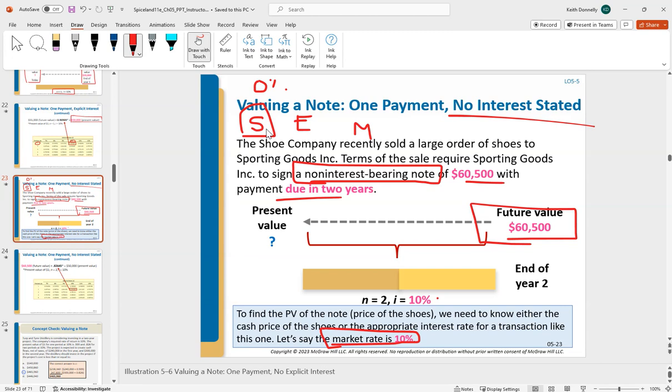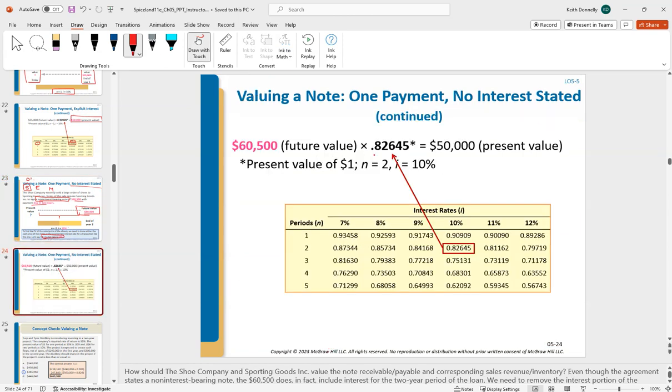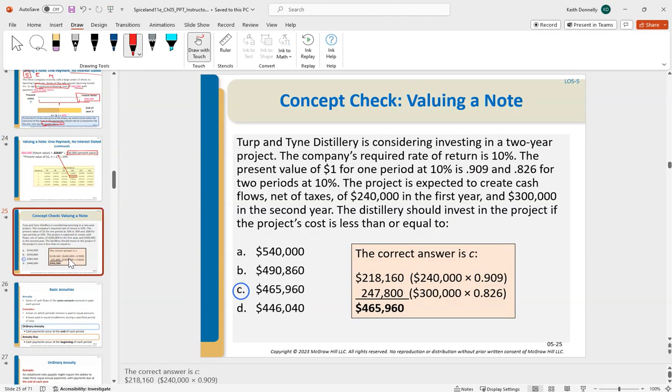So even though we don't have interest, we're making it up on greater sales proceeds. We're implicitly building that interest into the sales price. Again, it's just showing you how you'd run the numbers on it, with the $50,000 present value. They then have an MCQ. You can look at that.